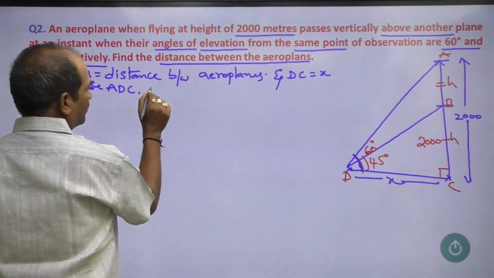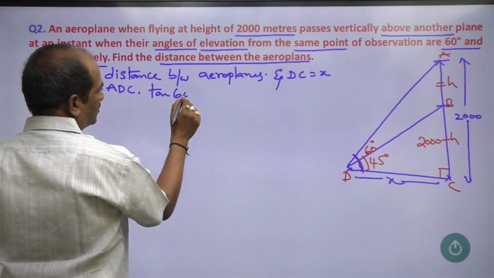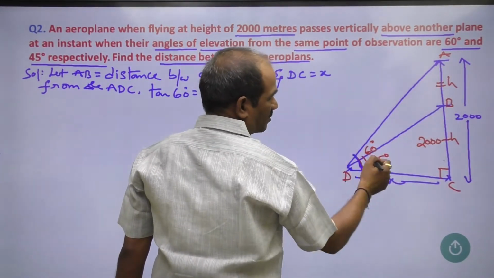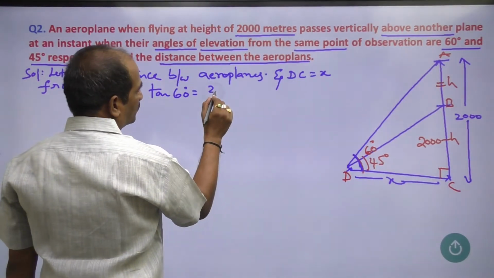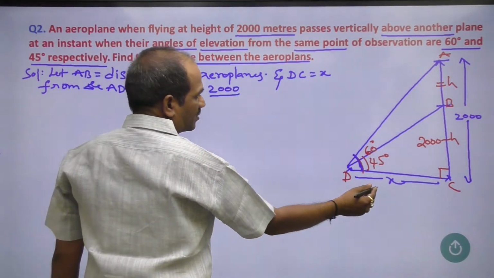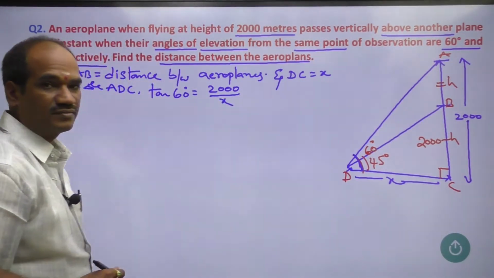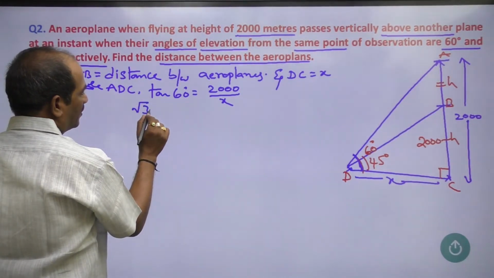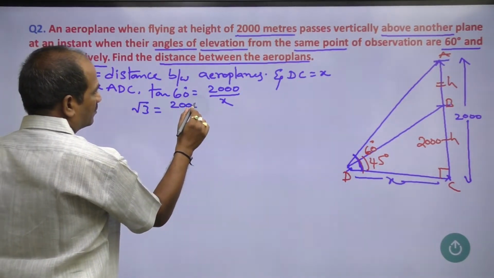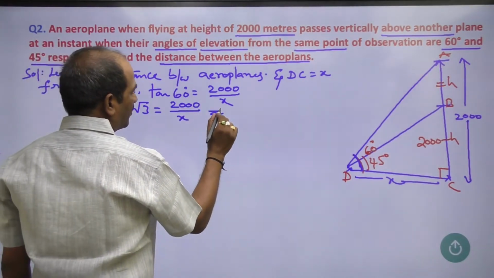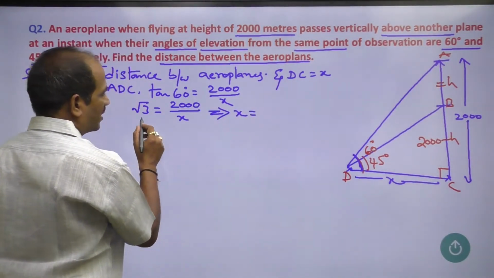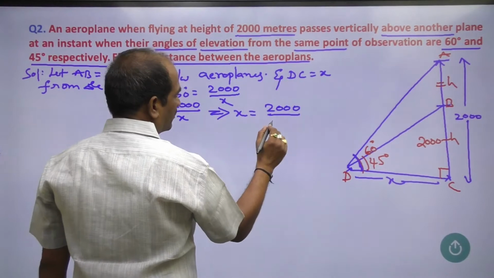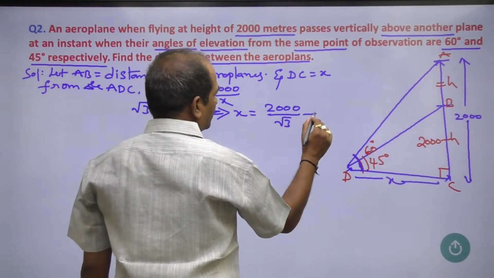So tan of 60 degrees is equal to the opposite side, which is the total distance, 2000, by the adjacent side, x. So tan 60 is root 3, so root 3 is equal to 2000 by x. Cross multiply: x is equal to 2000 by root 3. That is equation number 1.